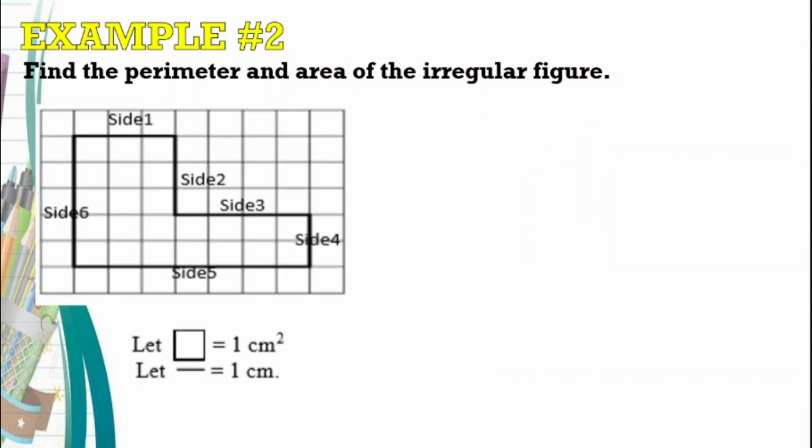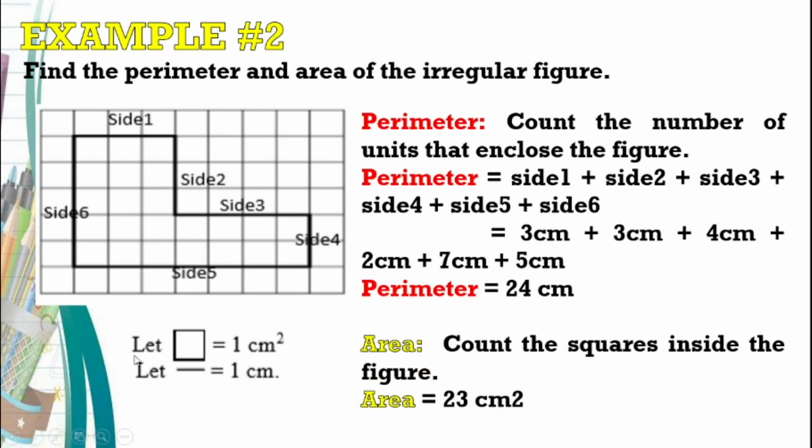Sample number 2. Find the perimeter and the area of this irregular figure. So let's find first the perimeter. Let a square unit be equal to 1 centimeter squared. So for the perimeter, you just count the number of units that enclose the figure.